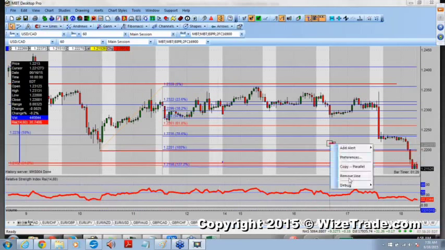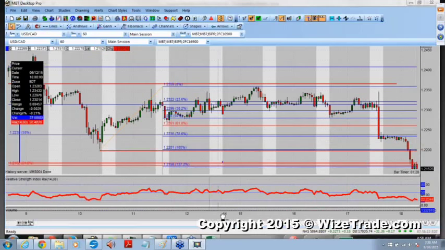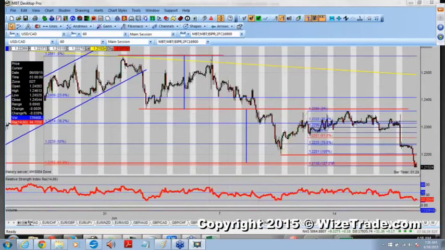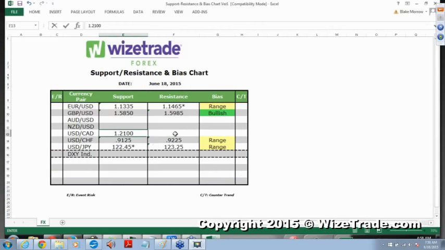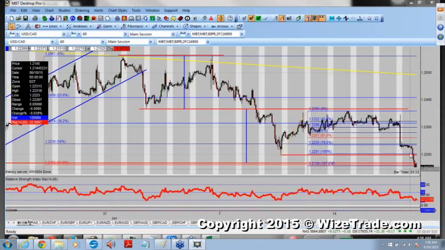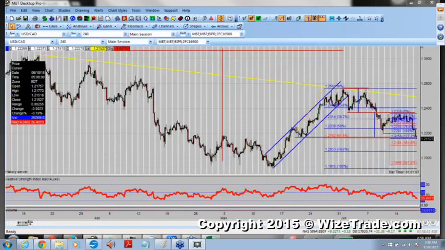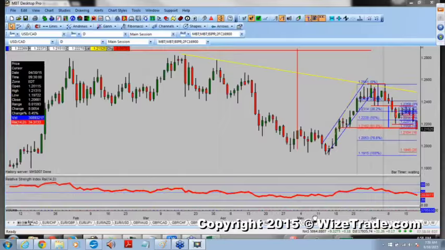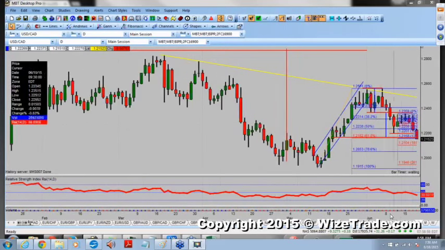Let's make sure we got all these lines removed that we don't need. Yeah, so 122. And we're in a big range. We may have had a bearish trend the last week or two, but in the grand scheme of things, we're very much range bound in the dollar Canadian.